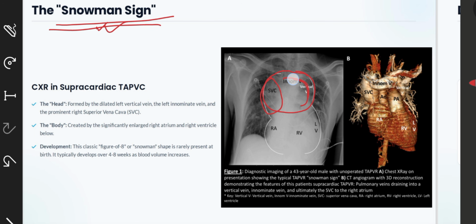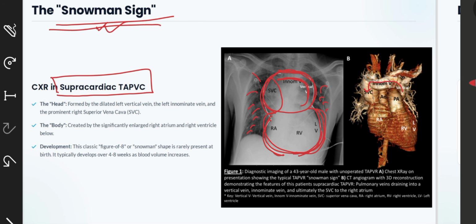This is the vertical portion and this is the horizontal portion of the vertical vein, which drains into the SVC. This is right atrial dilatation, and this is right ventricular dilatation. So there is uplifting of the apex, and it looks like a figure of 8 or snowman appearance in supracardiac TAPVC, and there is increased pulmonary vasculature.